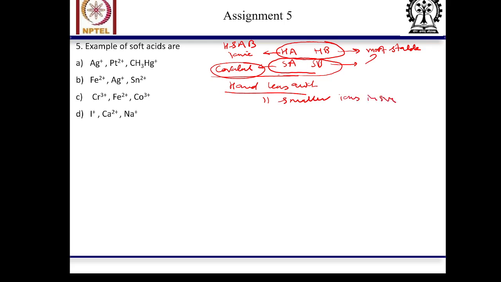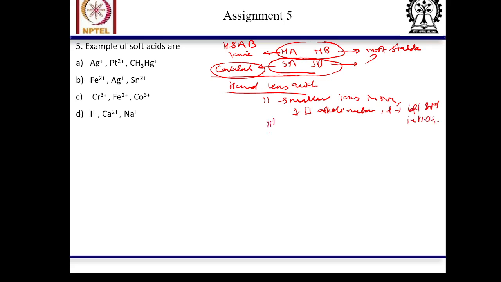These include the first and second group alkali metals and the d-block metals from the left side in higher oxidation state.